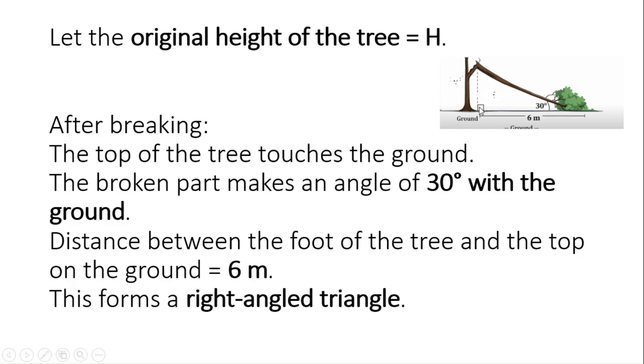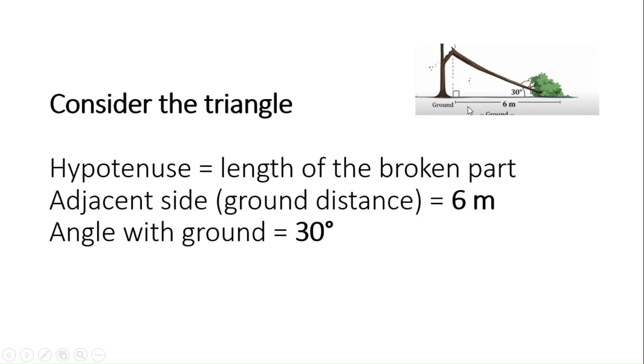Here this must be clear for all of us, right? So we are considering the triangle which is formed here. The hypotenuse of the right angle triangle is nothing but the length of the broken part. And the adjacent side is nothing but the ground distance.